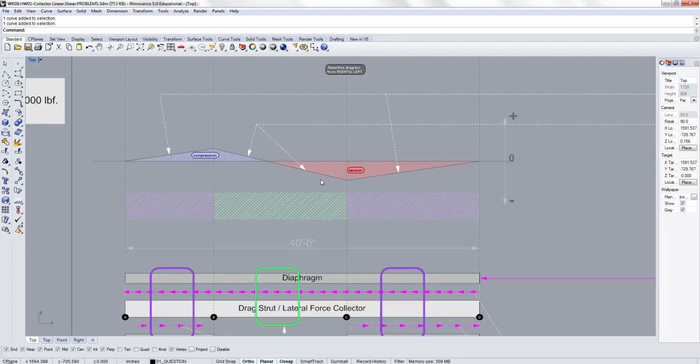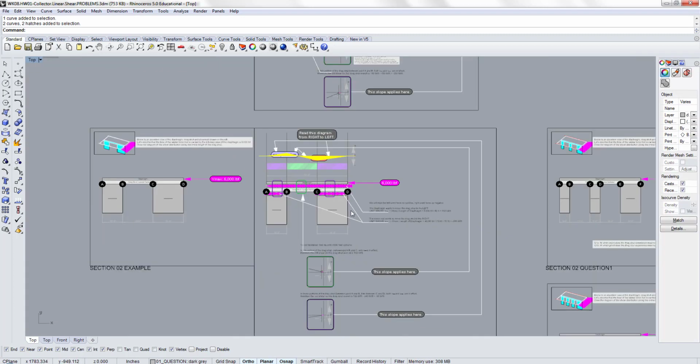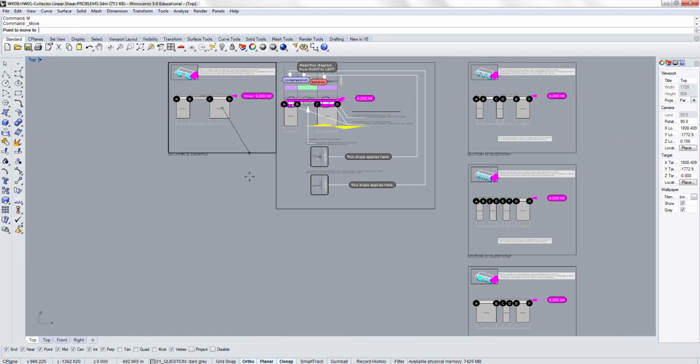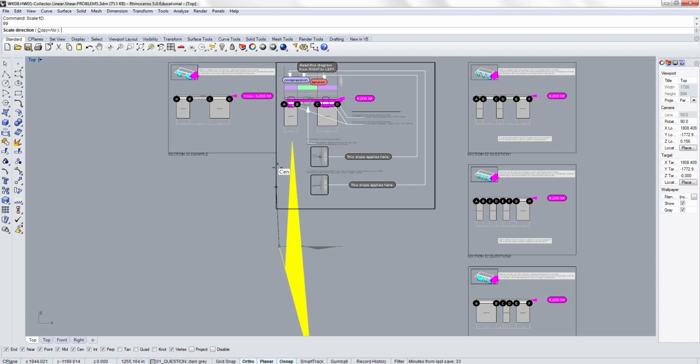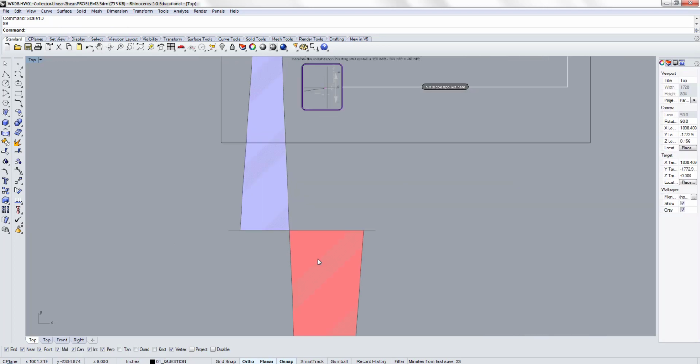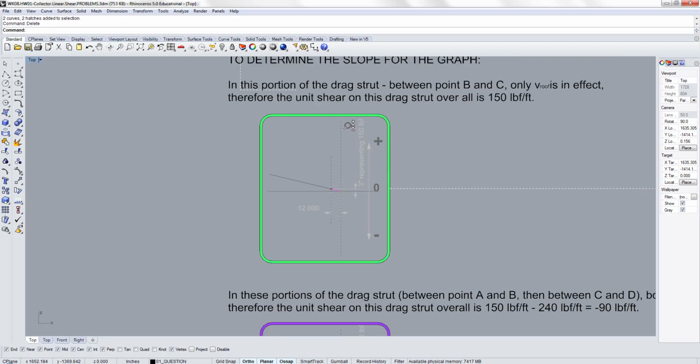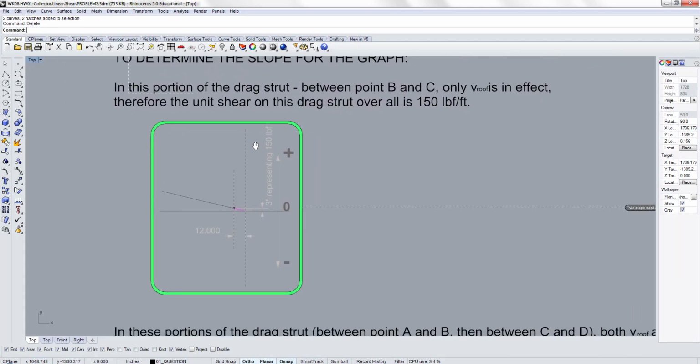I don't want this graph to be super deep, because it's extremely hard to draw and extremely hard to read. So it has to be a reasonable scale, and that takes some trial and error.